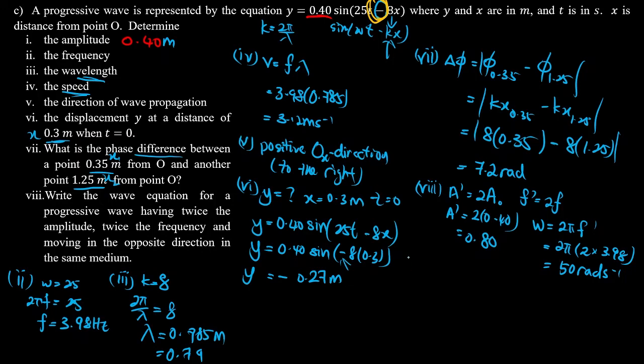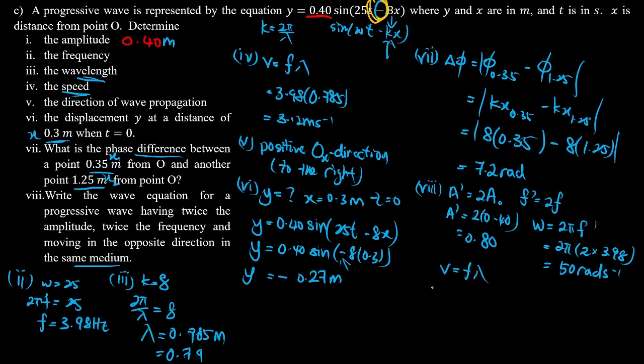How do you calculate your lambda? Your lambda can be calculated by using your v. Your v is still the same because it doesn't change in medium. The wave doesn't change medium while traveling, so v is constant. So v is equal to f lambda.